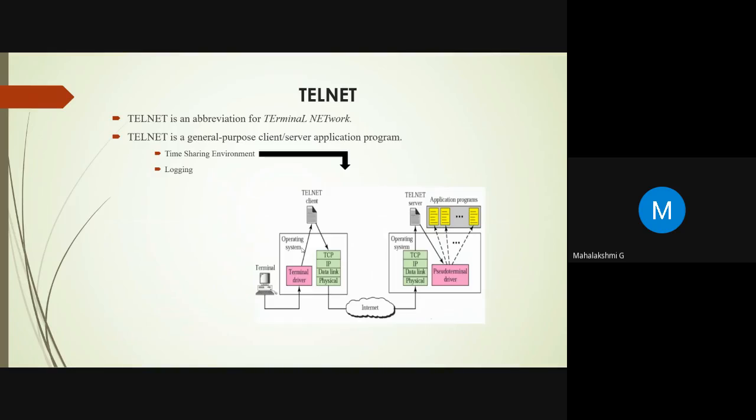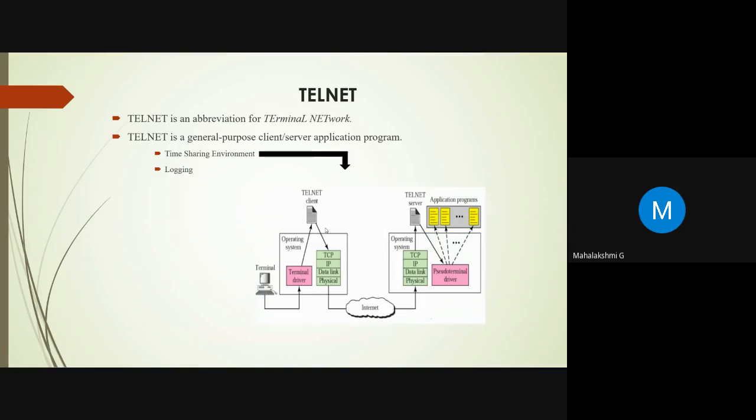Instead, it will send the characters to the telnet client, where we have a universal character set. Later on, we will see in detail what we call network virtual terminal characters. After converting to the universal character set, it will be transferred to the TCP/IP protocol stack.